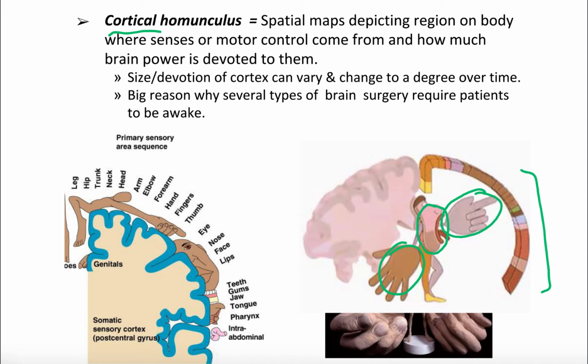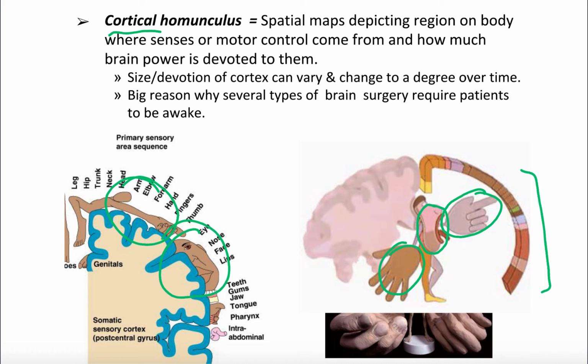The reason is that fine motor control of our hands and speech and the ability to communicate with one another is a huge part of what has allowed humans to be very successful. That's why you see these images where a huge component of the body is associated with sensations in either your arms or your face.